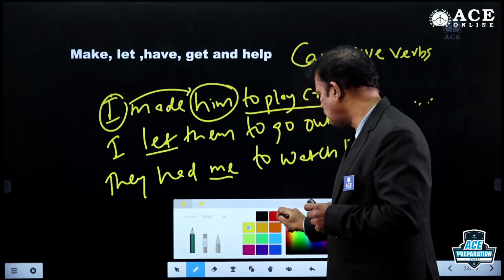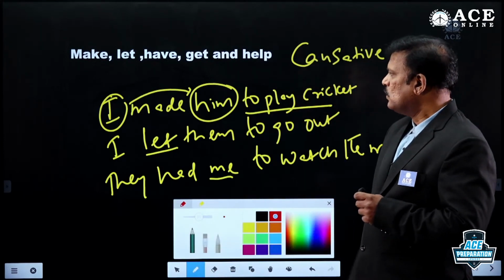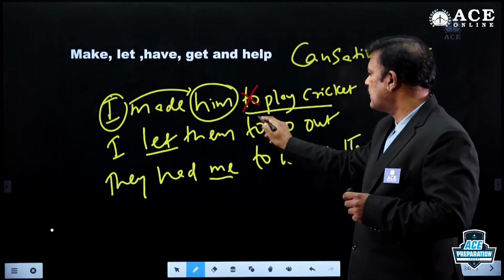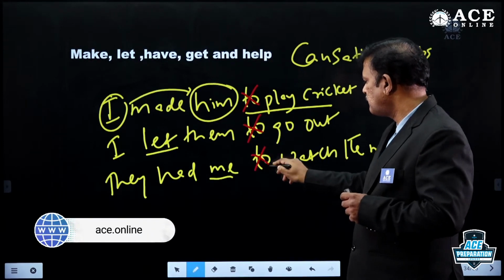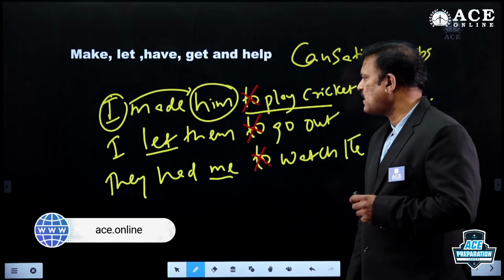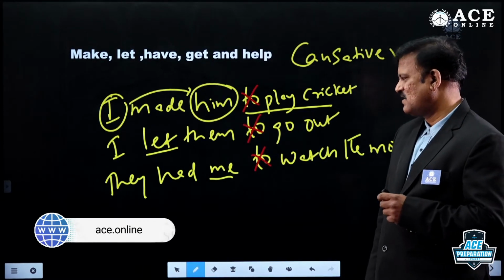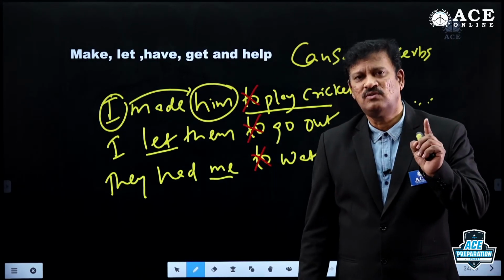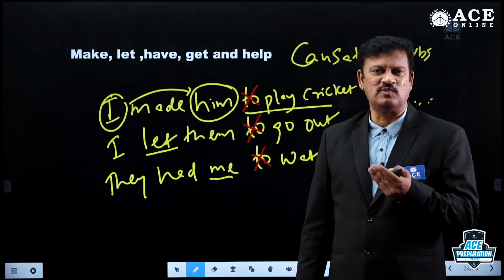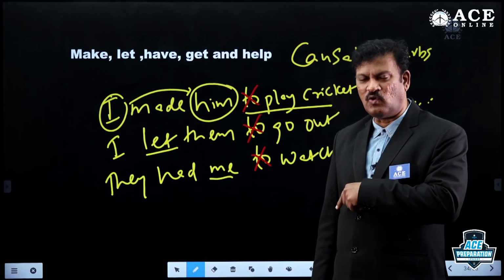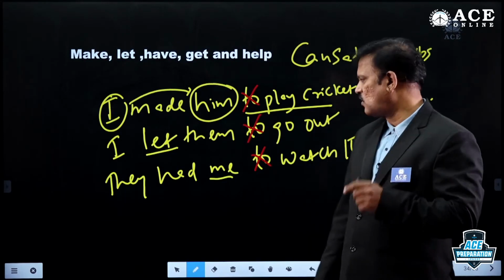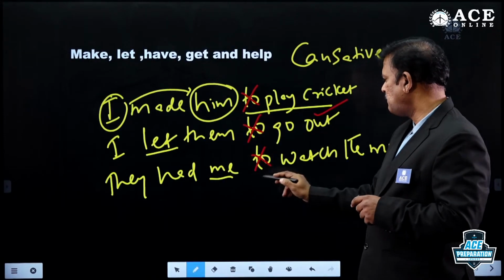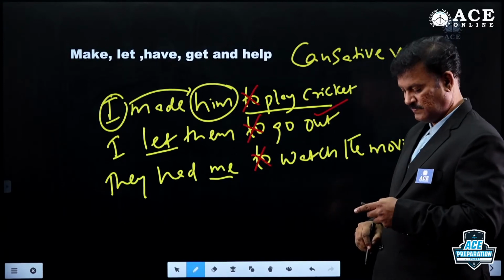Grammatical problem I have. When I use these causative verbs, guys, don't use to. I made him play cricket. Now look at this. Let me go or let me to go. Obviously, we heard this one, we use let me go. It means you let me go. If you say you let me to go, that's wrong. So, I let them go out. They had me watch the movie.